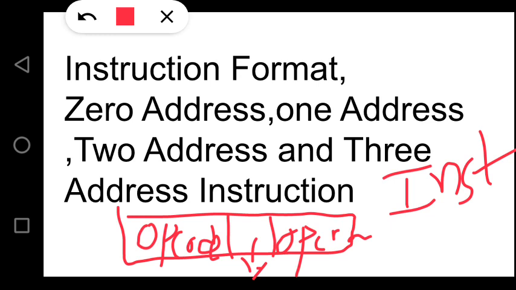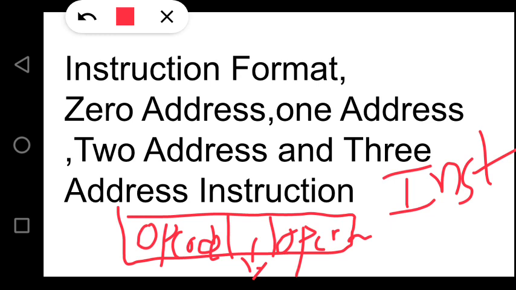See, a computer is basically a machine that processes any binary information. Process means it stores the instructions given by the user in the computer memory.